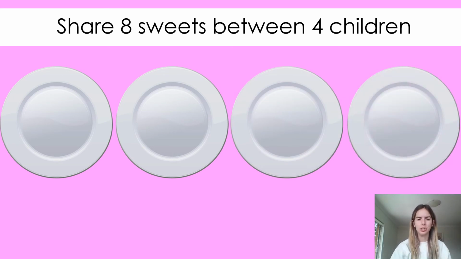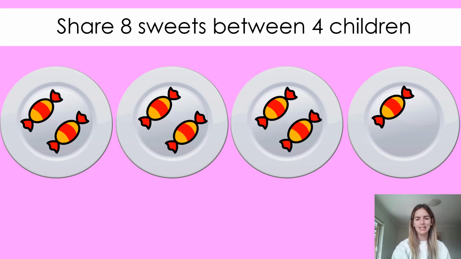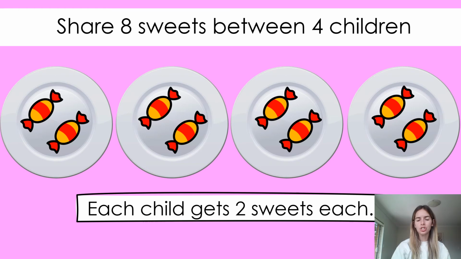Now what I need to do is share my 8 sweets equally, and I'm going to do it one by one so I can keep track of my counting. 1, 2, 3, 4, 5, 6, 7, 8. And what you can see there is I have 2 sweets on each plate. So each child gets 2 sweets each.